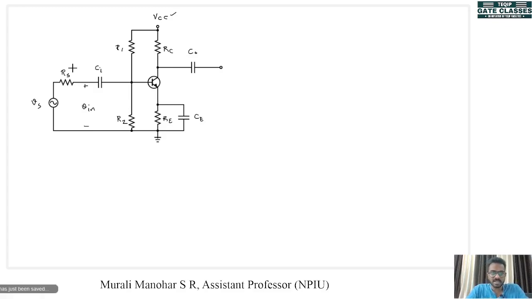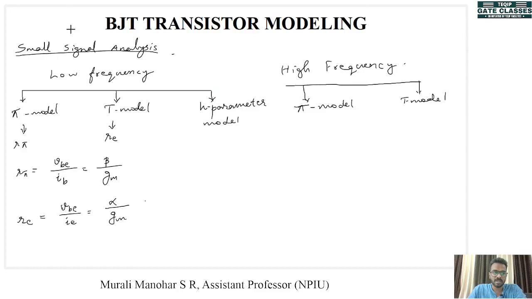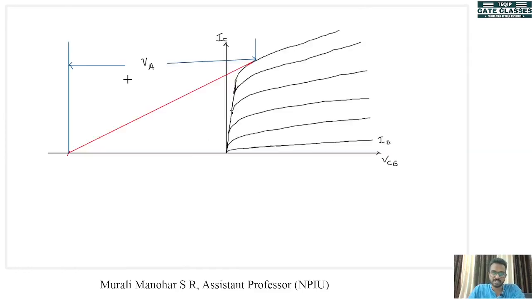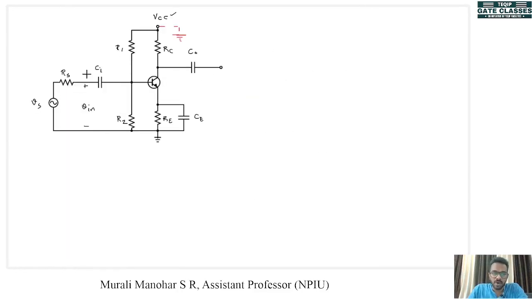So in AC analysis, we are removing the DC sources. So this DC source will be connected to ground. And there are capacitors here. What happens to the capacitors? These capacitors are designed such that for lower frequencies, because we are now considering the low frequency small signal analysis, these capacitors will offer lower reactances.